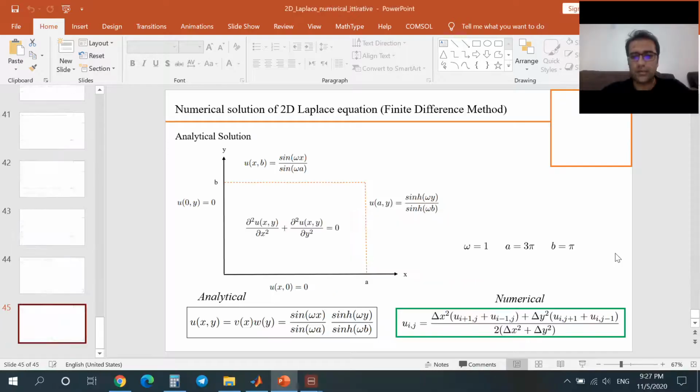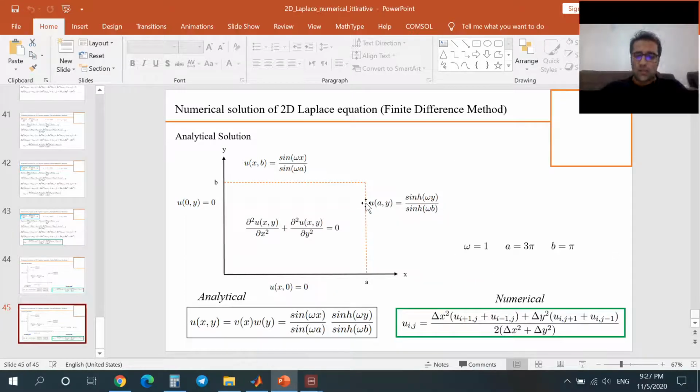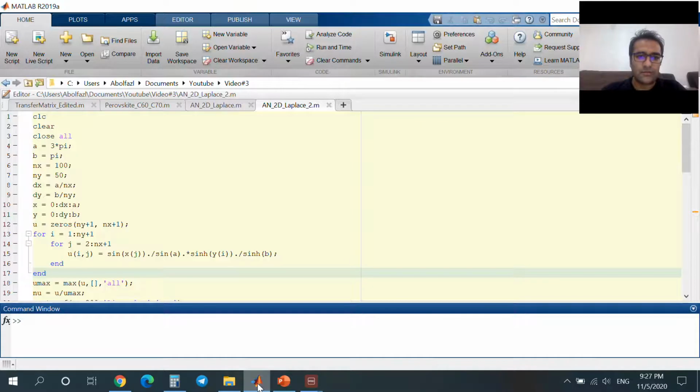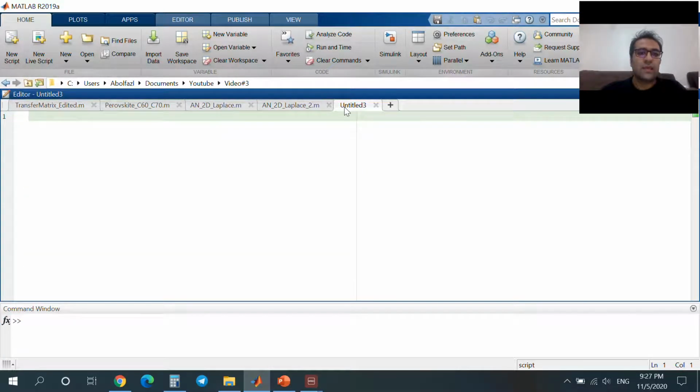So here, let's go to Matlab and plot the analytical function, then calculate this one. So I have Matlab opened here. I define a new editor file. So as usual, I start with the clc command. It clears the command window.